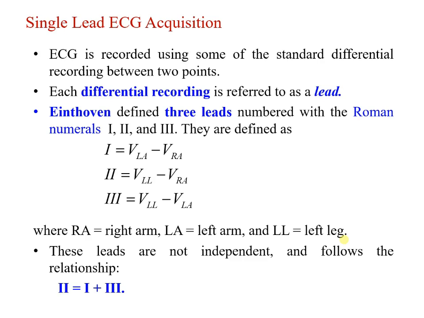So now we come to the ECG acquisition system. There are two types of ECG acquisition system: single lead system and 12 lead system. The ECG is usually recorded using a standard differential recording between 2 points.